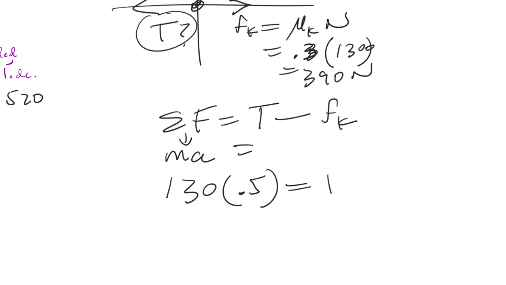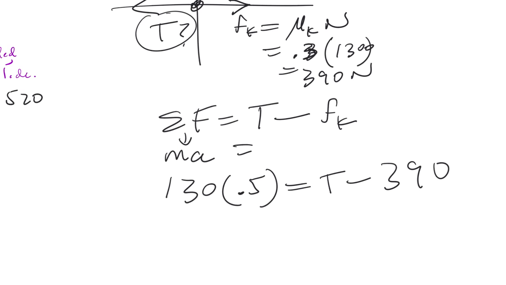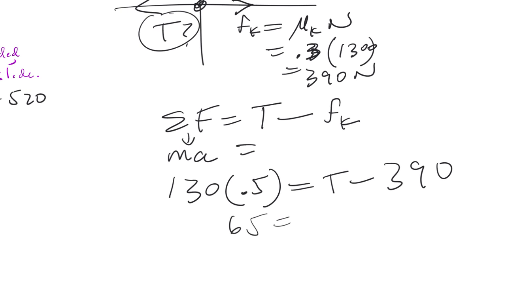Okay, so that equals T minus the kinetic friction, 390. So 130 divided by 2 is 65 equals T minus 390.